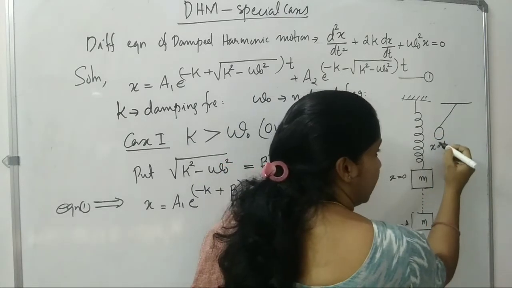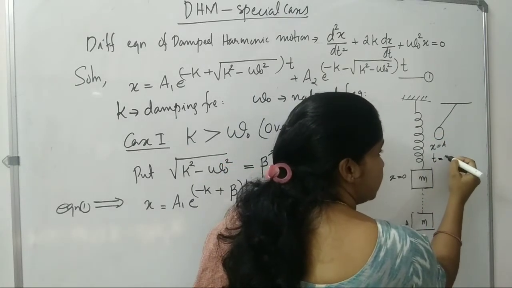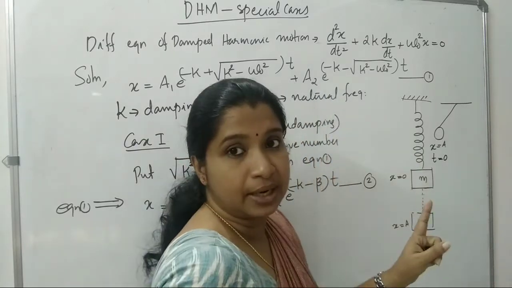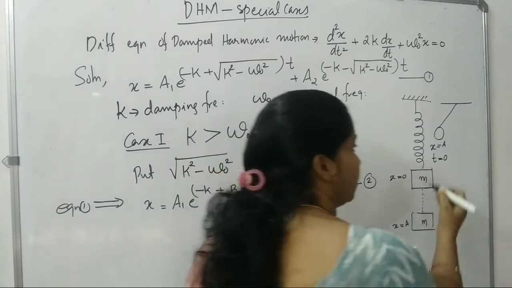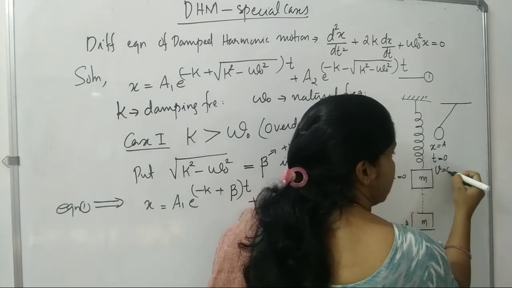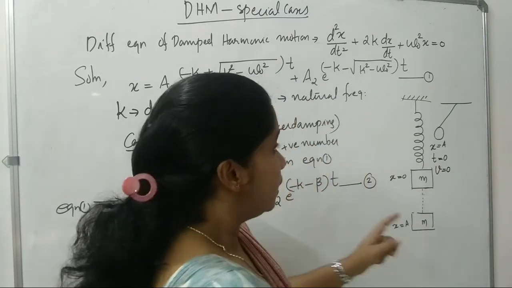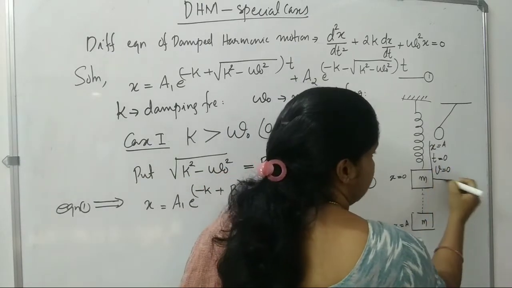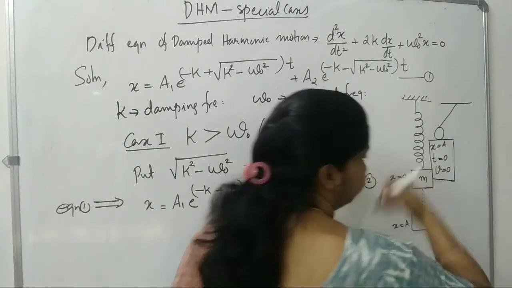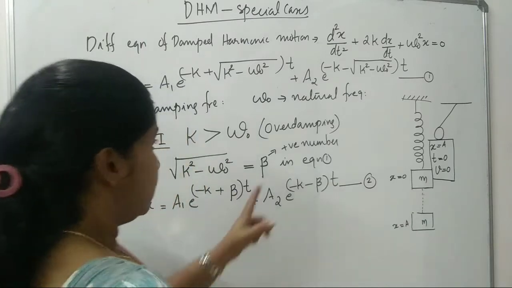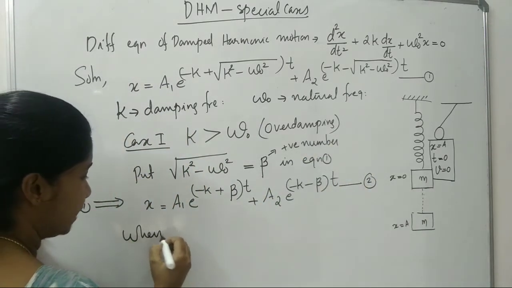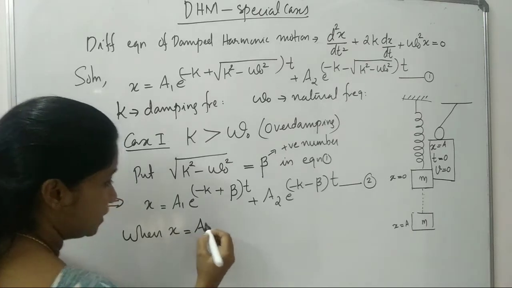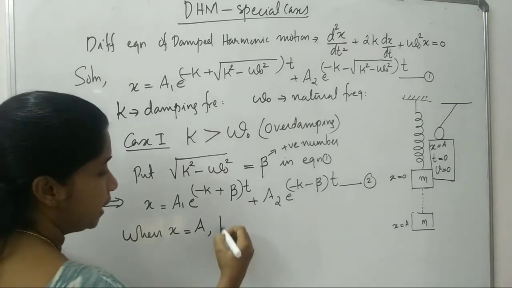So here when t = 0, that is the initial condition, the motion is going to begin. Here velocity is also equal to 0. This is called the limiting case of oscillation. We can apply this condition when x = a, that is the body is at the extreme position, time t = 0.